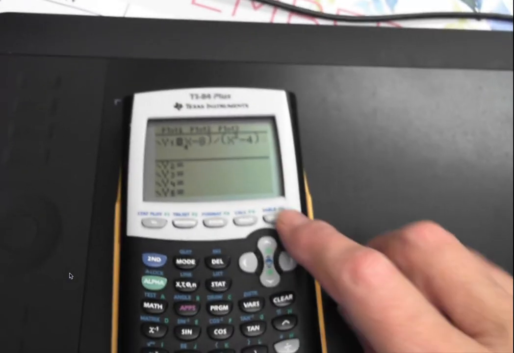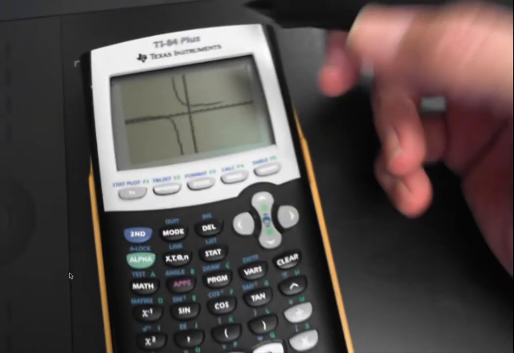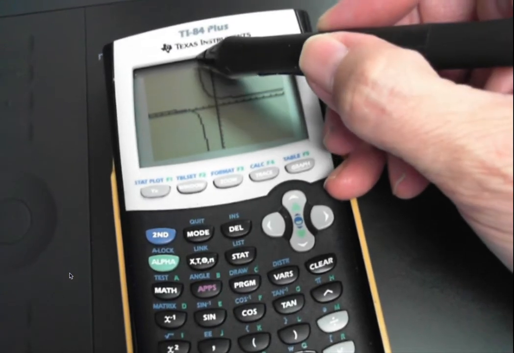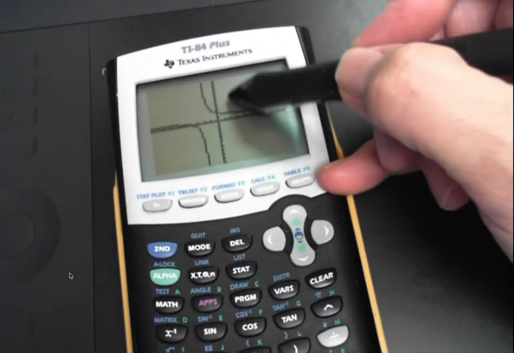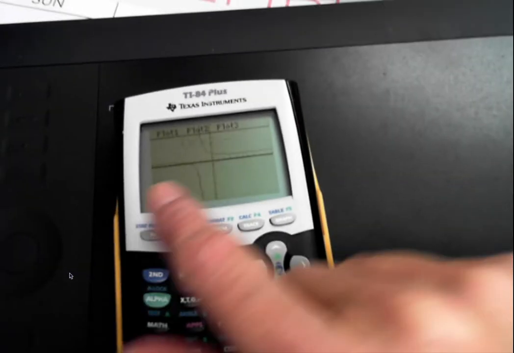So I typed the two functions into my calculator and hit graph. I should have an asymptote at -2 and +2. Look, there's an asymptote at -2. But at +2, there is not an asymptote. Let's look at our table to see.